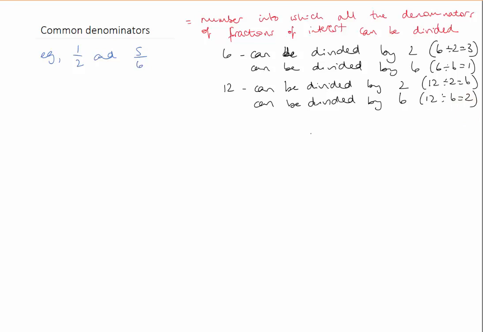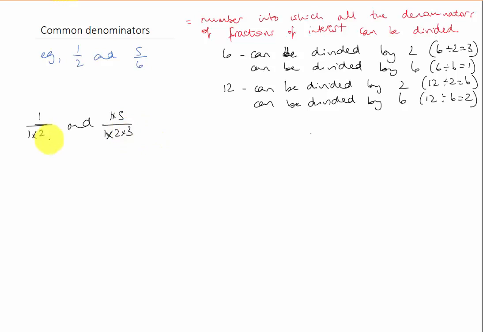Alright, so how do we transform two fractions so they have a common denominator? What you could do would be to multiply each of them into all their factors. So 1/2 is equal to 1 over 1 times 2. And here 5/6 is 1 times 5 over 1 times 2 times 3.